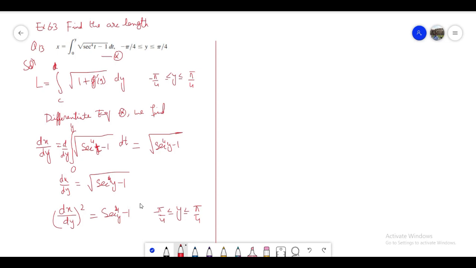So first let us take a look at this graph. The graph of the function looks like this.